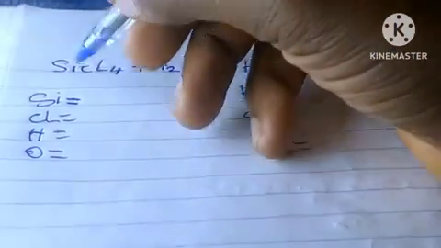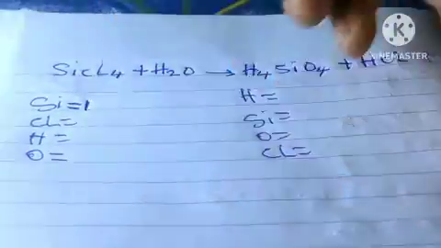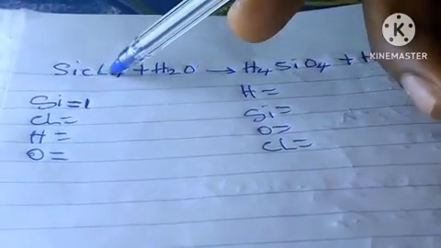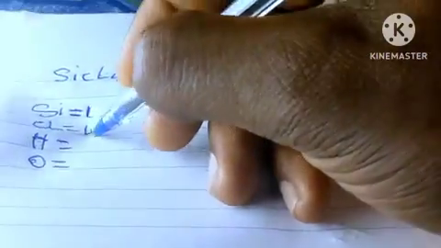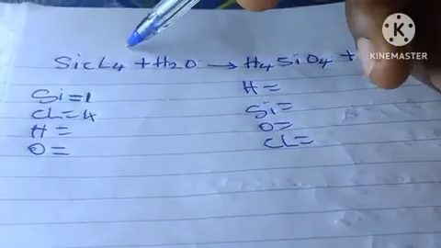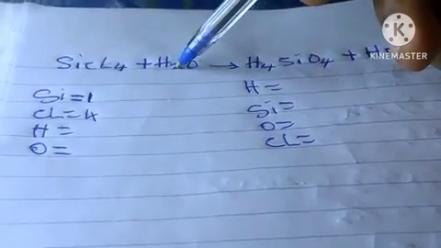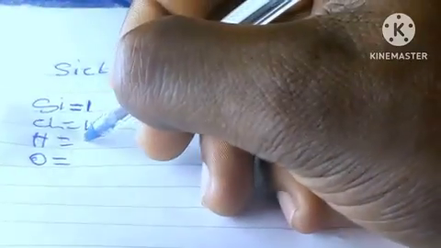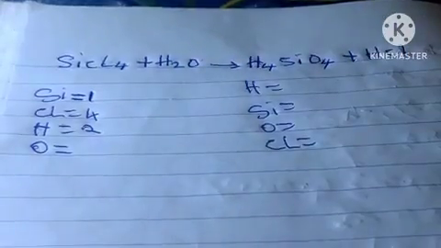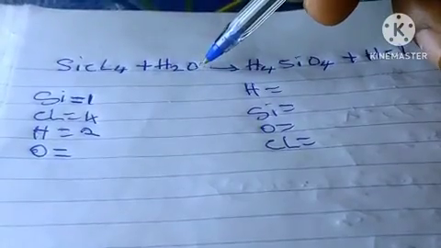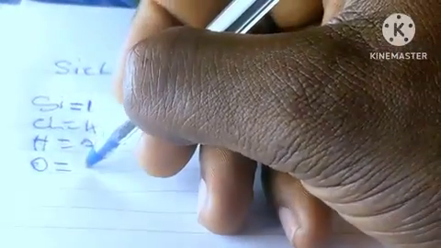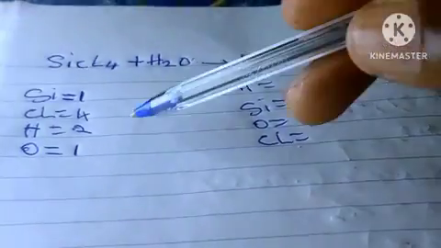So silicon is one here, and the next one is chlorine. Chlorine has four. Look at it here, four. The next one is hydrogen. Hydrogen has two here. The next one is oxygen. Oxygen has only one.